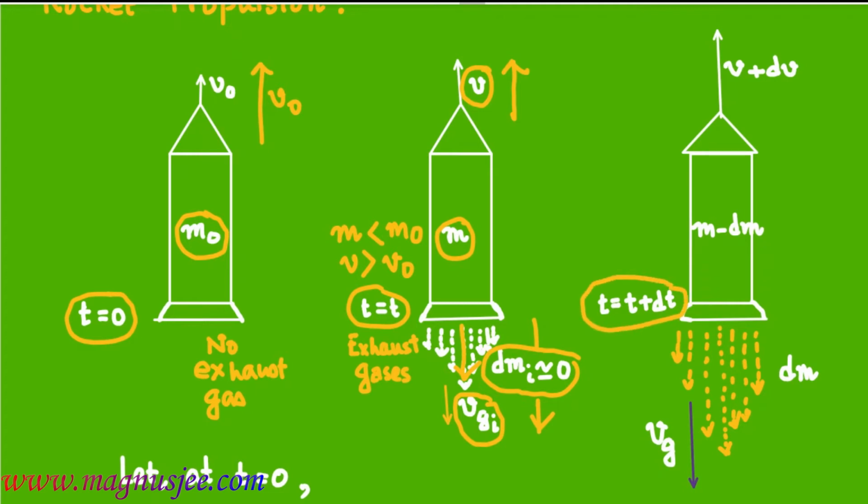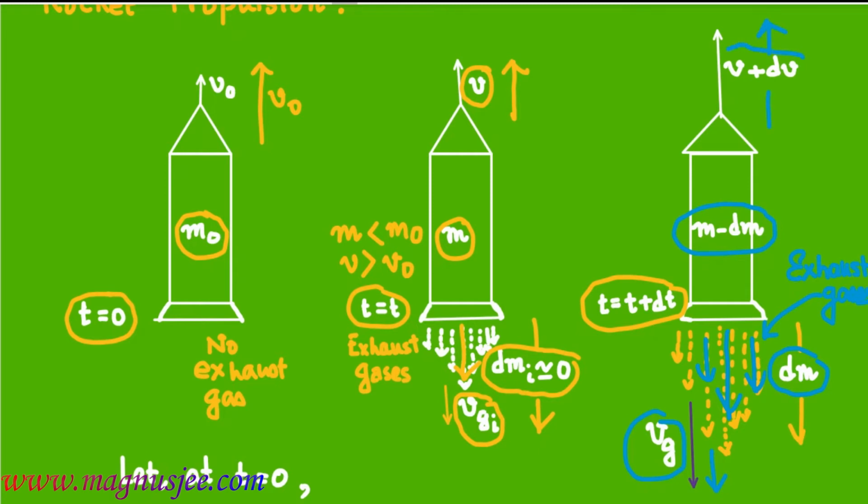And after a very small interval of time dt, that means at instant t equal to t plus dt, a large amount of exhaust gases are ejected in the vertically downward direction. dm is the mass of exhaust gases ejected from the rocket with the velocity vg, and the mass of the rocket decreases to m minus dm.